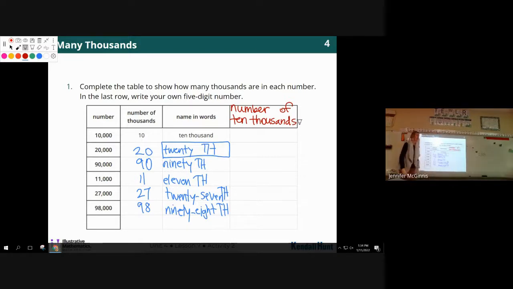How many 10,000s do we have in the number 10,000? Aiden? 1. Good. How many 10,000s do we have in the number 20,000?